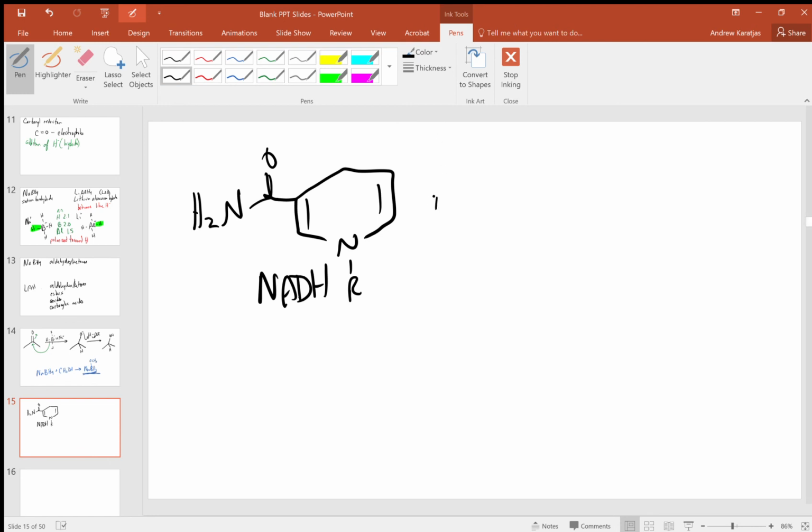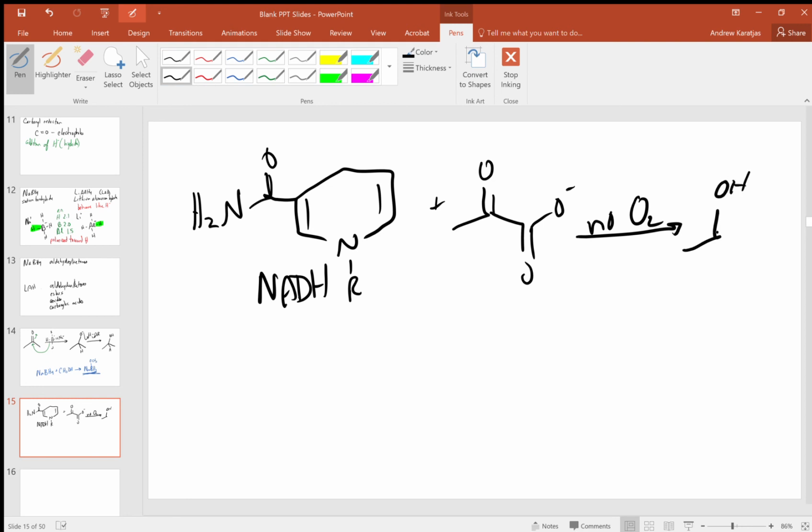And if NADH comes into contact with pyruvate, it will do a reduction on pyruvate, especially if there's no oxygen around. If there's no oxygen around, what happens to pyruvate? Well, it gets converted into lactic acid. And you can see that it's that exact reaction that we just talked about.